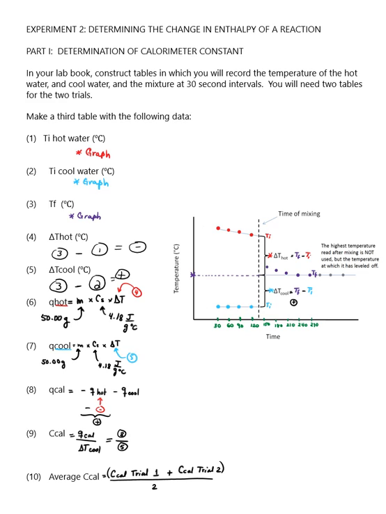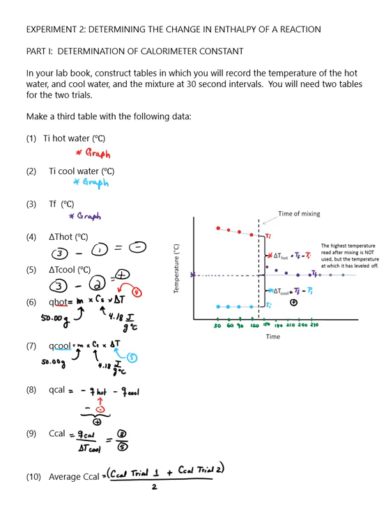So in your equation, you have a negative sign in front of the Q hot, which means that those two negative signs are going to cancel each other. So your Q hot with the opposite sign minus the Q cold, which is what you're calculating in number 7, is going to give you the amount of heat that the calorimeter is absorbing.